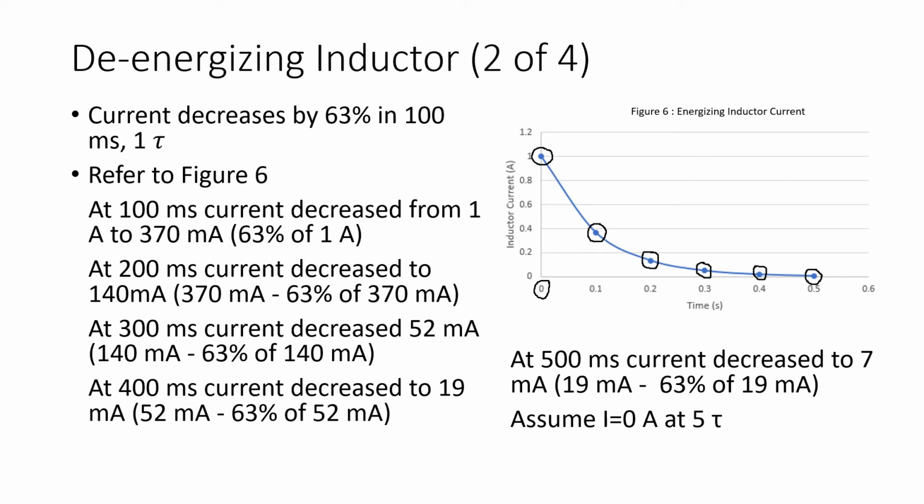Again, the current will never reach 0 because during each time constant it reduces by 63%. However, at 5 time constants, we assume the magnetic field has collapsed completely and the current flow through the inductor is 0 amps.